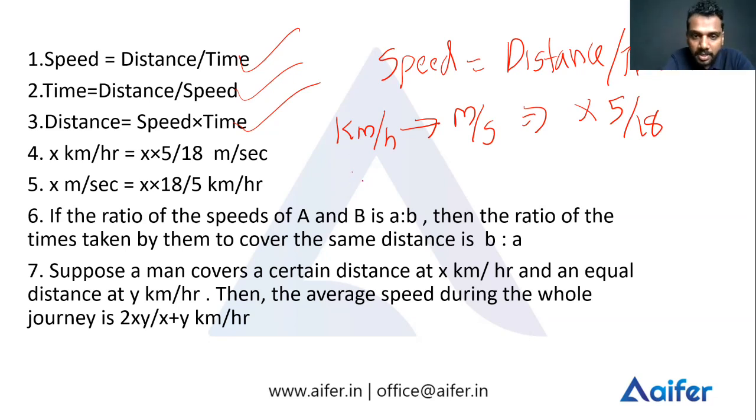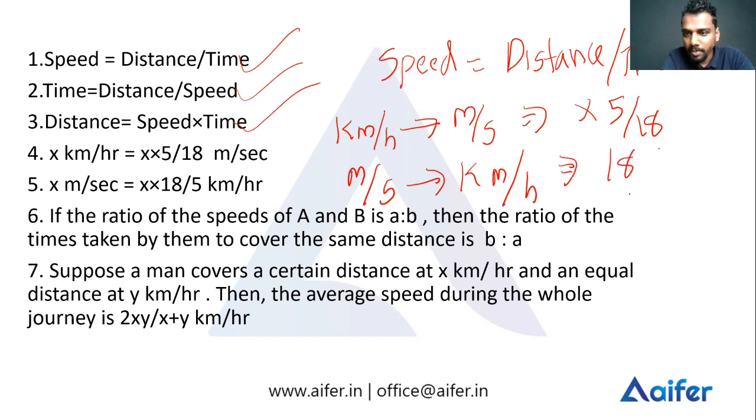To convert meter per second to kilometer per hour, multiply by 18 by 5. So that's the basic aspect of how we convert the units in relation to distance and time questions.